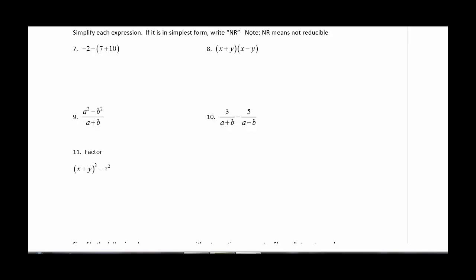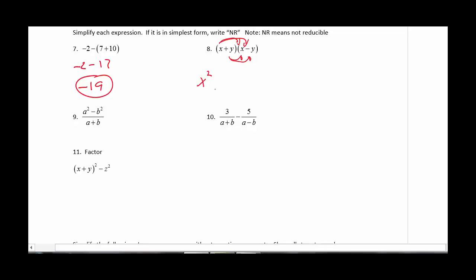So here, we've got -2 subtract 7 plus 10. Order of operations says that I want to add 7 plus 10 first. And then with the two signs, -2 minus 17 is -19. So that's that. Number 8, we are multiplying. I just want to make sure that we know how to either FOIL or double distribute, whatever you want to call that.